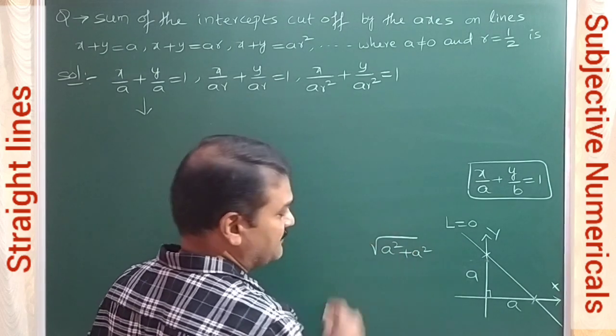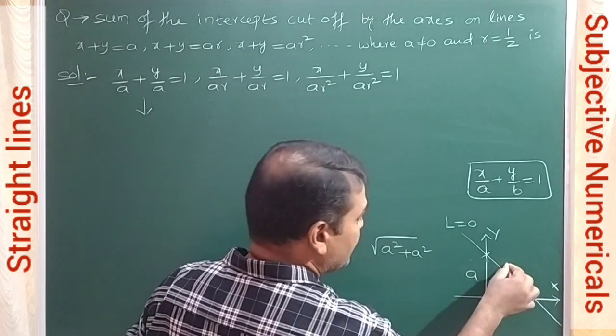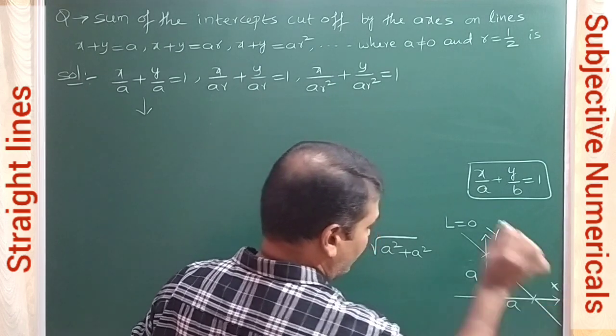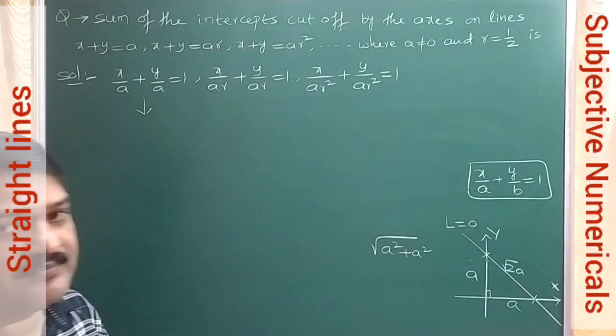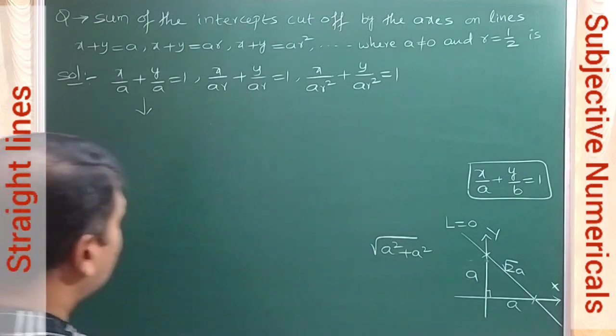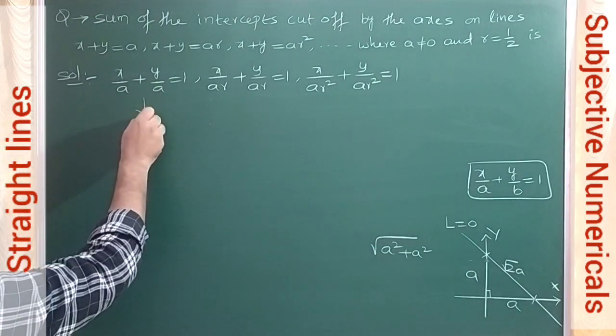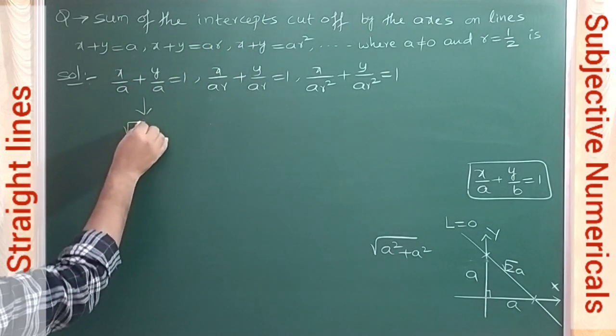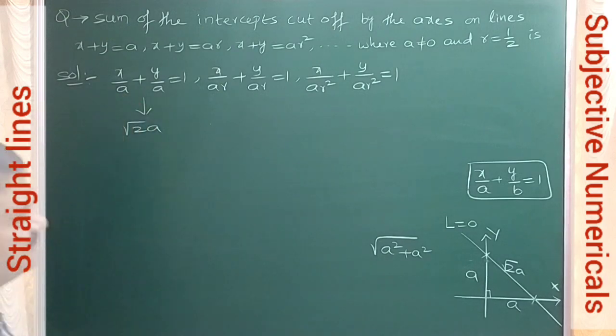So we will get under root 2 a square, so root 2 into a. Therefore for the first line, the intercept cut off by the axis is root 2 into a.